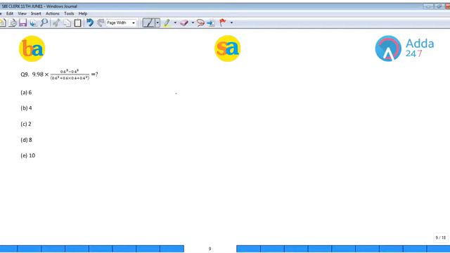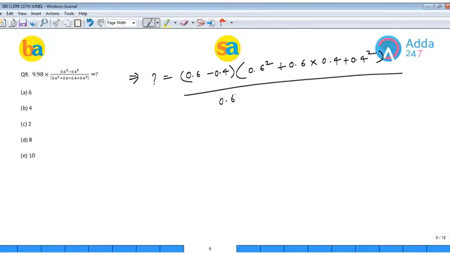Question number 9. 9.98 into 0.6 cube minus 0.4 cube upon 0.6 square plus 0.6 into 0.4 plus 0.4 square is equal to question mark. So this implies question mark is equal to 0.6 minus 0.4 into 0.6 square plus 0.6 into 0.4 plus 0.4 square, that is the formula for a cube minus b cube, upon 0.6 square plus 0.6 into 0.4 plus 0.4 square, into 10.